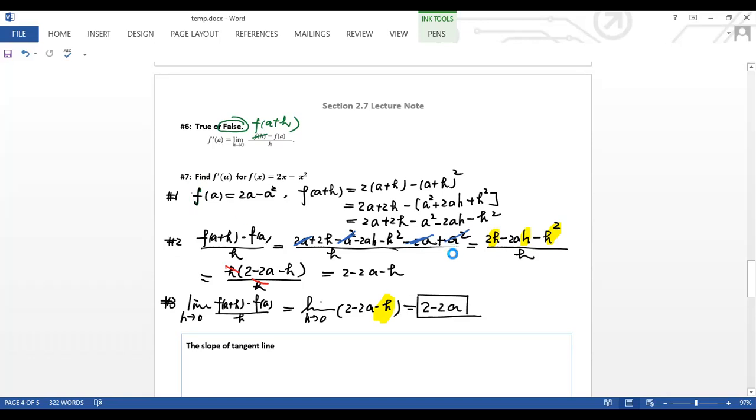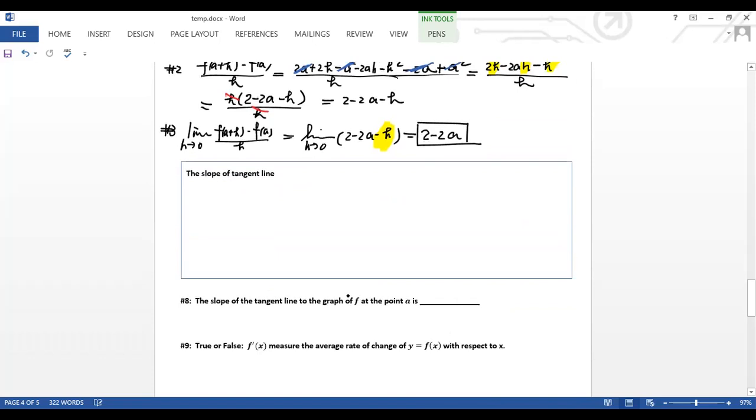Okay. So now the next thing here, we want to find the tangent line. We know the slope of the tangent line at x equal to a, we did that. So the slope of the tangent line is just equal to f prime of a, right?